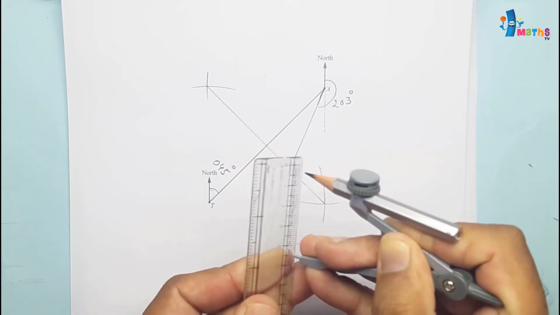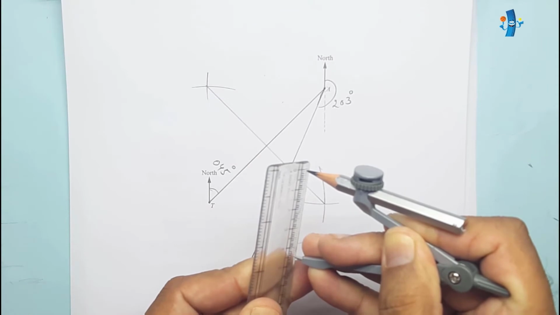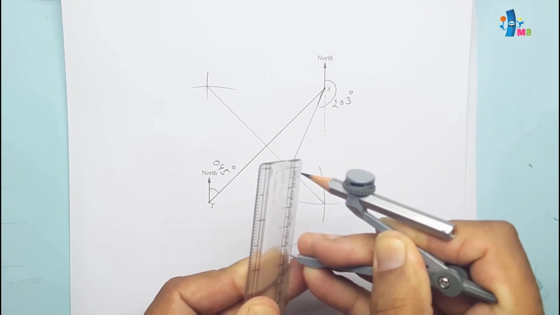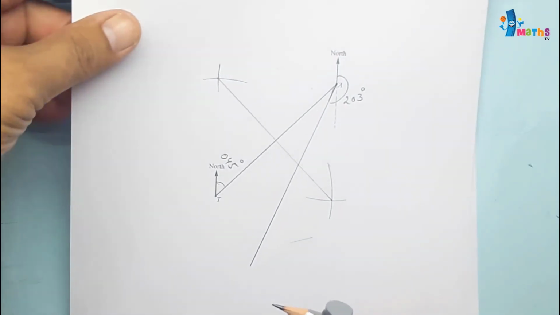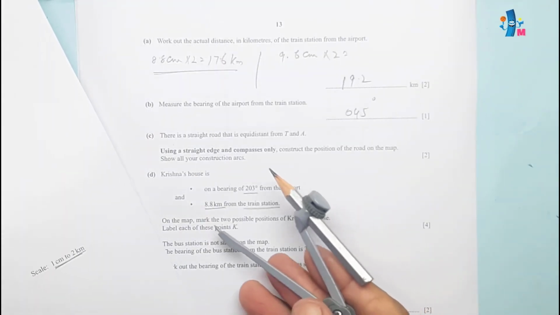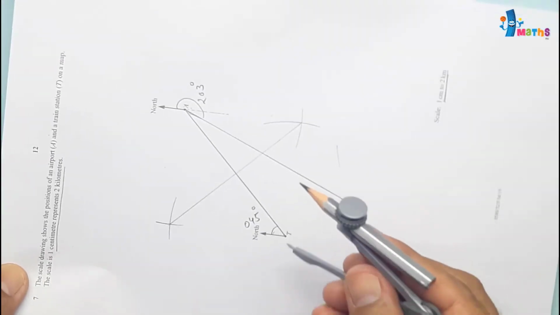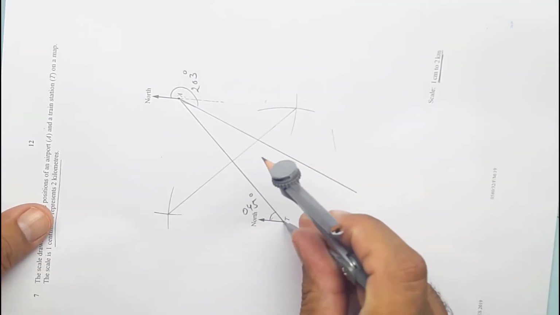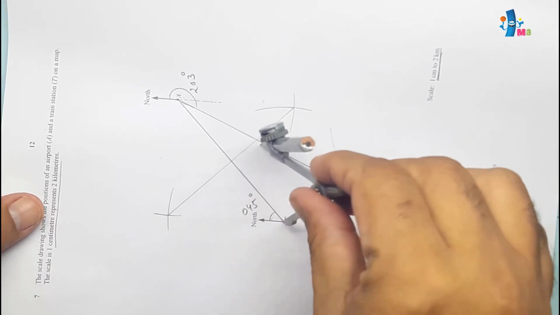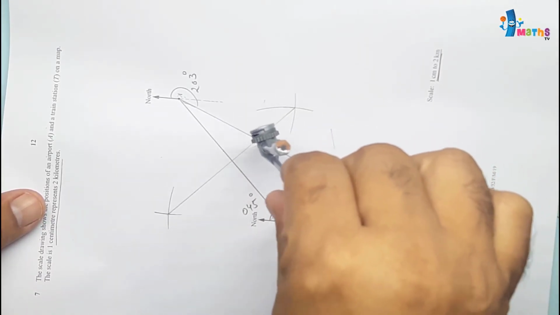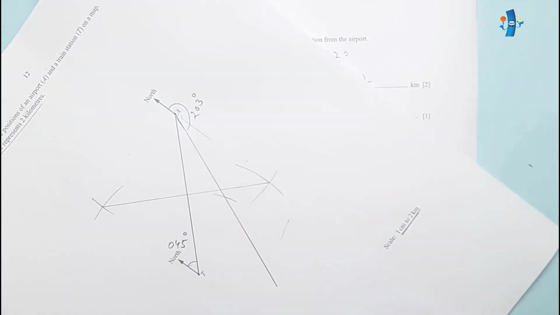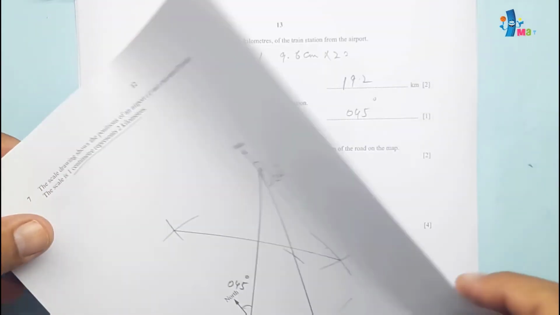So we will be opening this compass up to 4.4 like this, and then we will be drawing. This will be 8.8 kilometers from the train station. So this is the train station where we can keep this and draw an arc over here. This is 8.8. So we got this point.